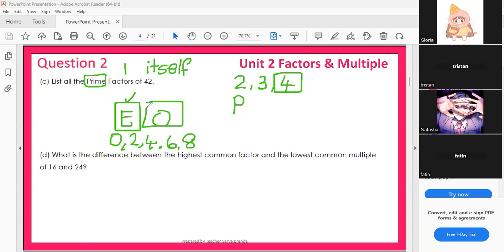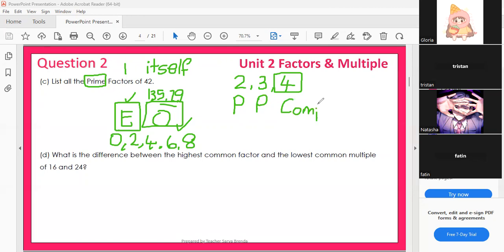Odd numbers are numbers that end with 1, 3, 5, 7, and 9. These are odd, the ones that end with these numbers. So 2 is a prime number, it's an even number. 3 is an odd number, it's also a prime number. Very good, Tristan, well done.